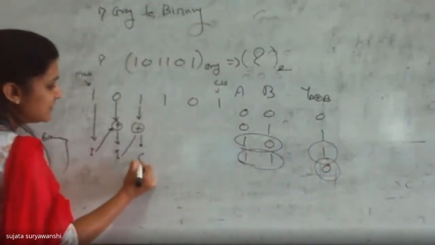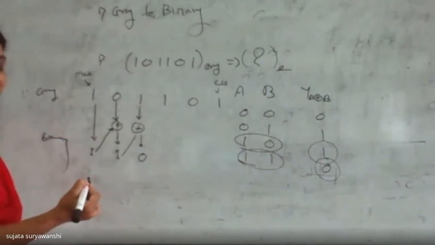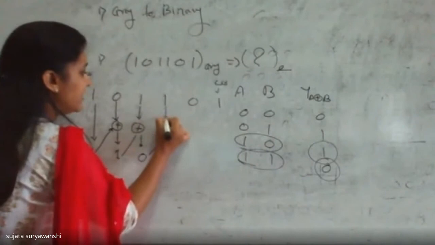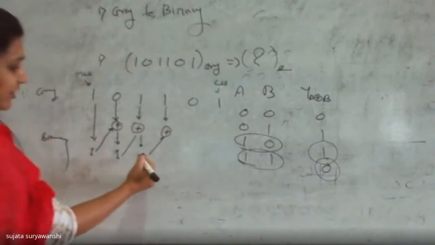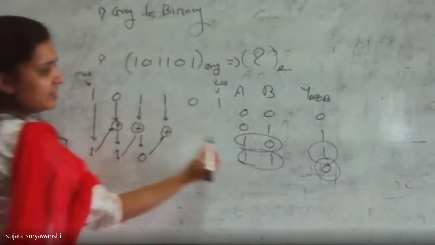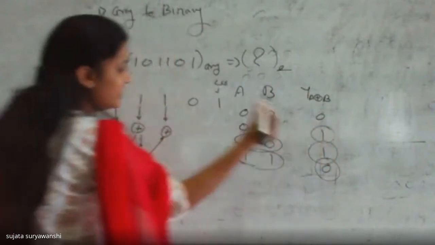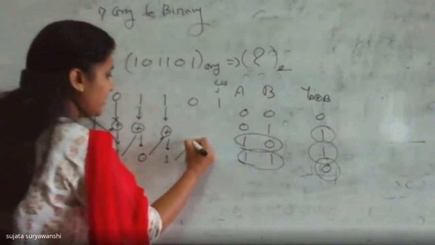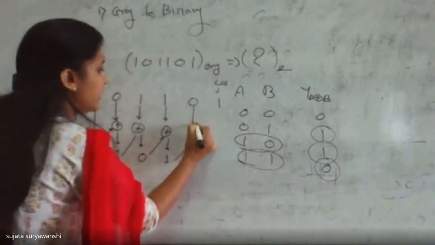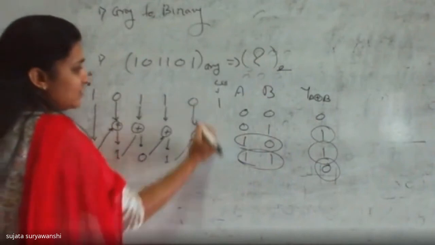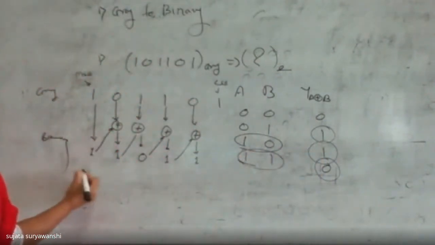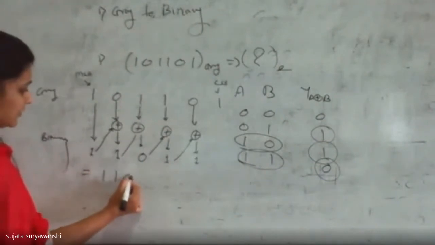Put that result in the next bit of binary. Now this 0 should be XORed with the next bit of gray, 0 XOR 1, and your result is 1. Now this 1 should be XORed with the last gray bit, that is 0. 1 XOR 0, your result is 1. So this is your final result, that is 1 1 0 1 1.